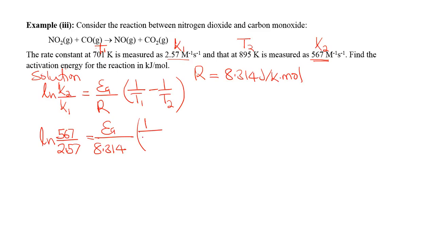Our T1 is 701 Kelvin, minus 1 over, our T2 is 895 Kelvin. So just solving natural log 567 divided by 2.57, this part gives us 5.396.